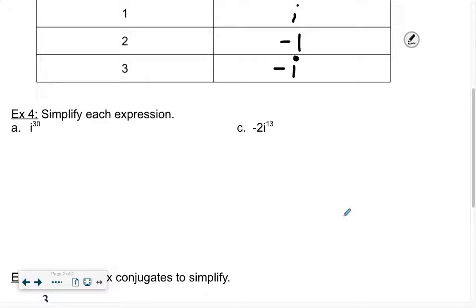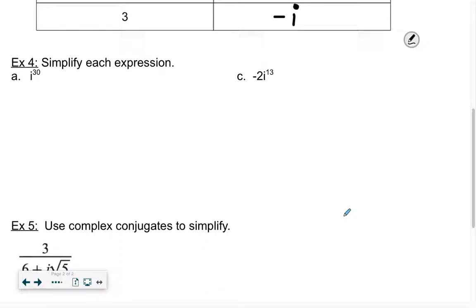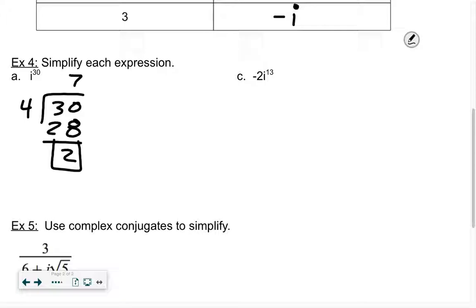If we look at 4a, i to the 30th, what number do we want to divide by again? 4. So I take my exponent and divide it by 4. And I know that 4 goes into 30 seven whole times. And the thing I want to look at is that remainder of 2.